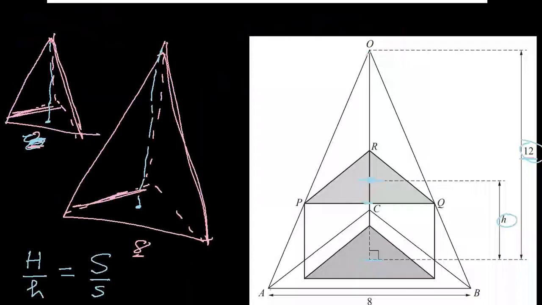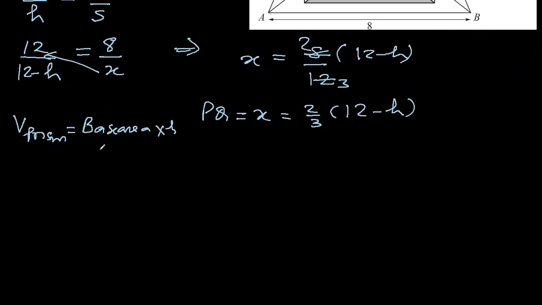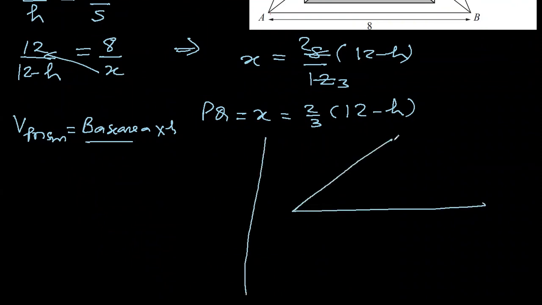Base area is shaded for you in this drawing. This shaded part is the base area. We find the area of this, and height is given as h, so we'll multiply with h. So let's find the base area here. Let me draw the triangle. This is the triangle. This is PQ.